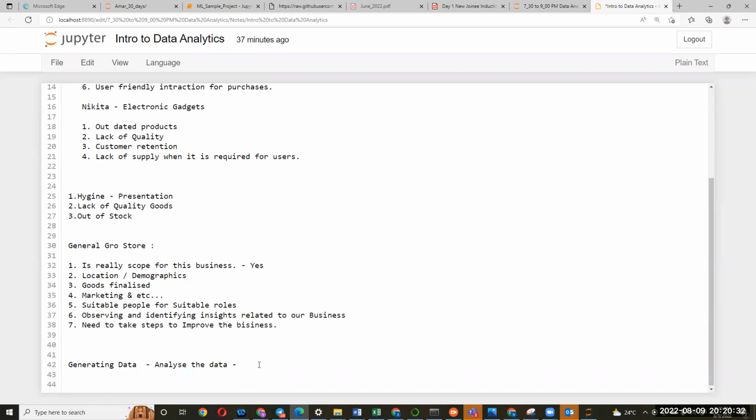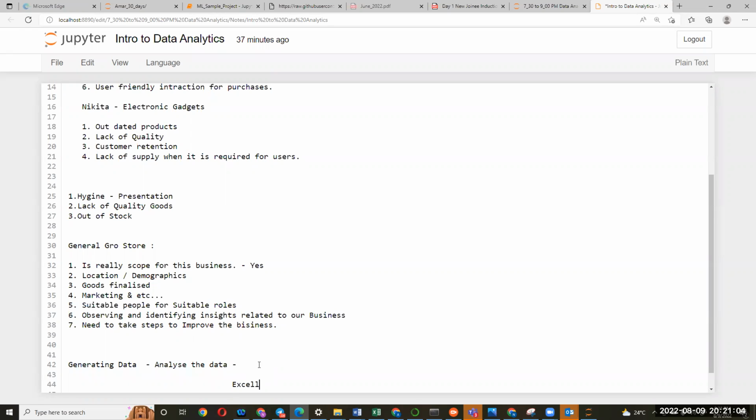With the help of SQL we can analyze, with the help of Excel, with the help of Python, with the help of Power BI, and with the help of Tableau we can analyze. Each and everything has some specific type of limitation. That is the reason a data analyst must have a group of tools and techniques.